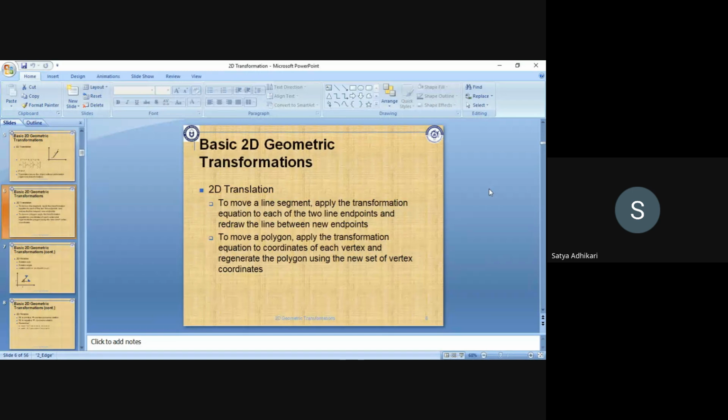Similarly, in the case of a polygon, if a polygon contains multiple lines, suppose a hexagon with 6 points, we apply the translation technique to all these 6 points, and after translating, we rejoin the new points and get the same polygon but in a new position. In this way, we can change the position of an image by using translation.